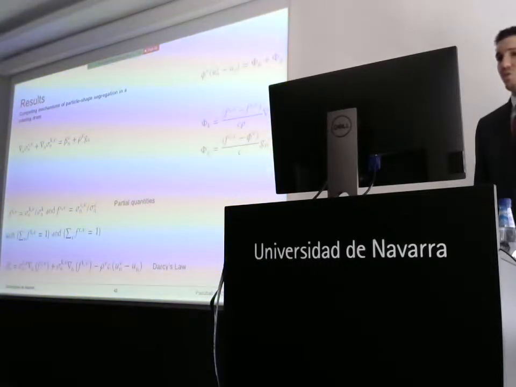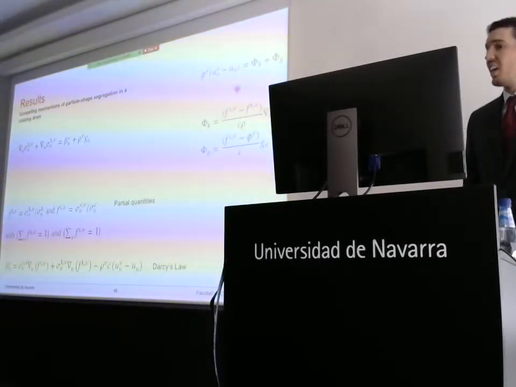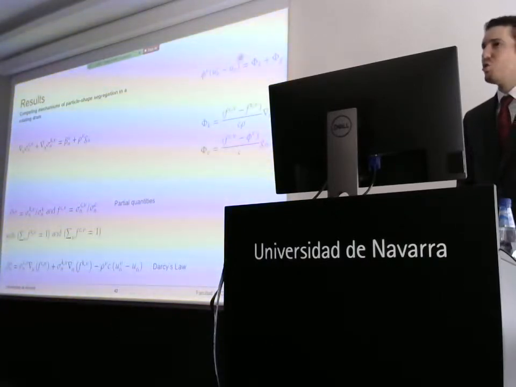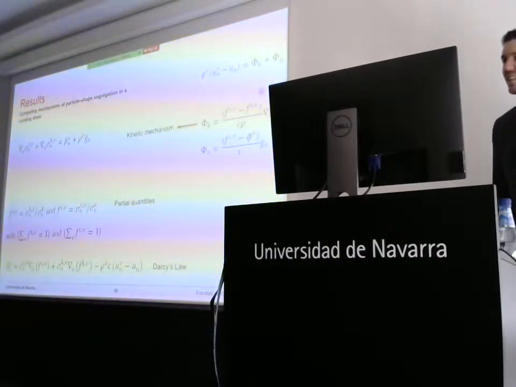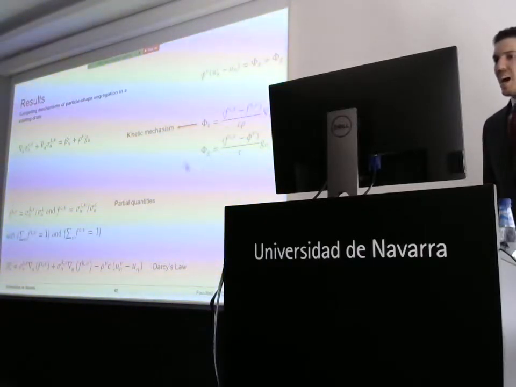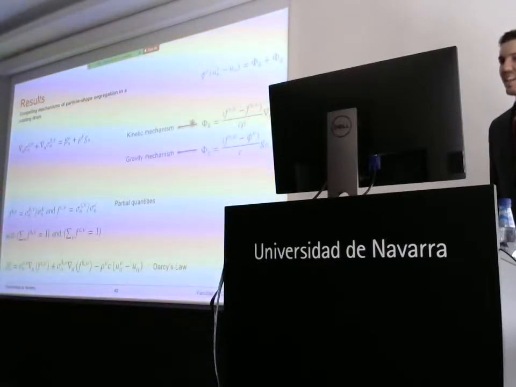obtain the next expression. This expression is the segregation flux, which depends on two different factors. The first one is the kinetic mechanism, which depends on the kinetic gradient, and the second one is the gravity mechanism. Here we can see that this prefactor is multiplying the gravity acceleration.